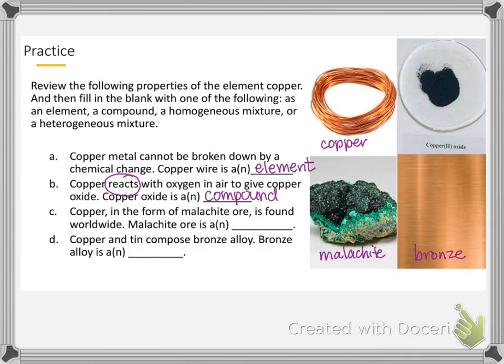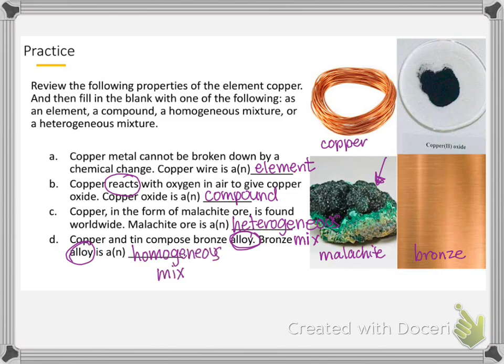Let's see, copper in the form of malachite ore is found worldwide. Malachite ore is a heterogeneous mixture, which I don't know that the words would tell you, but this picture here really does illustrate a nice heterogeneous system. And then the last one, copper and tin compose bronze alloy. Look at that word right there. Bronze alloy is a homogeneous mixture.